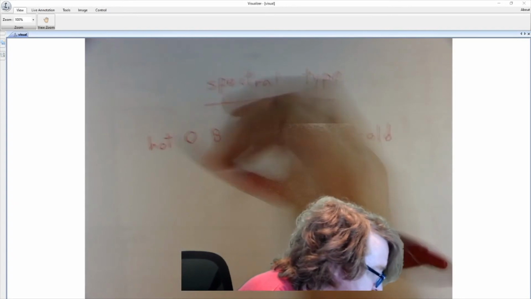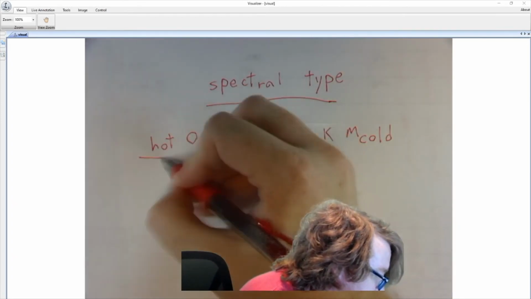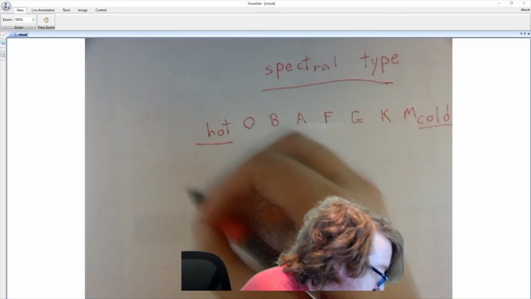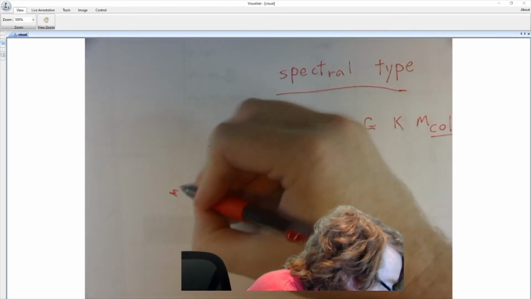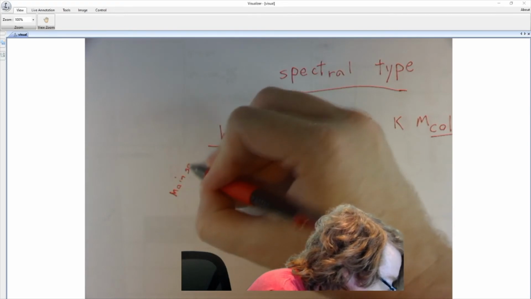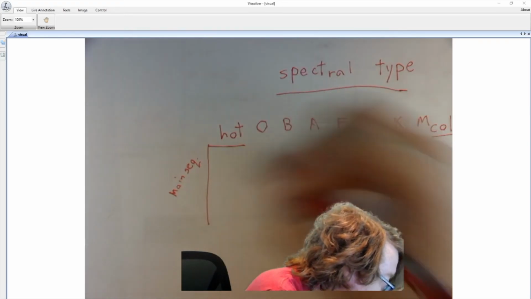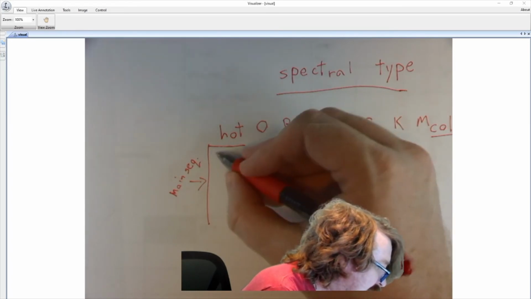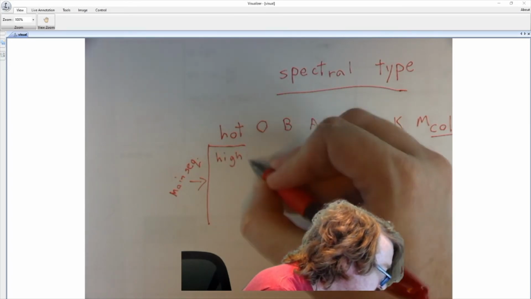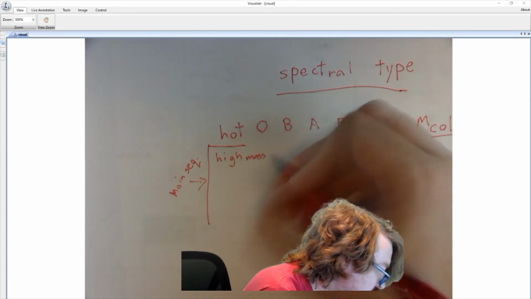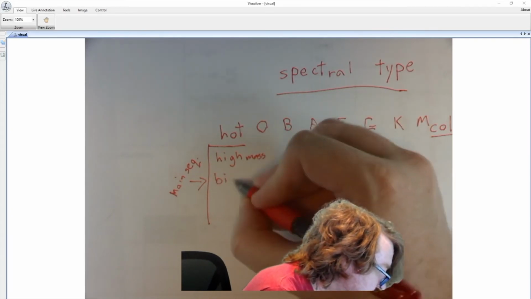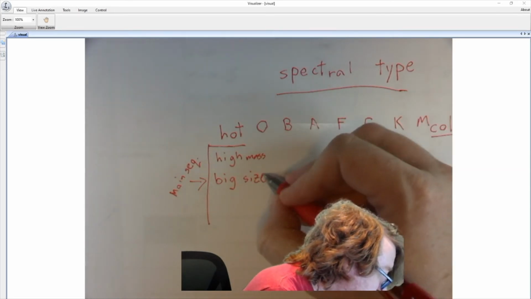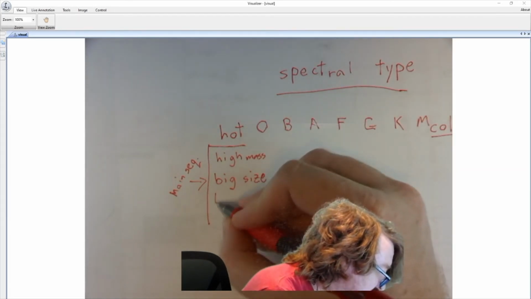So let me put some extra notes on here, and this will help anybody who's not quite getting it. For all stars, hot is the O side and cold is the M side. But for main sequence stars like our sun, we also get this side being high mass, big size, and high luminosity.